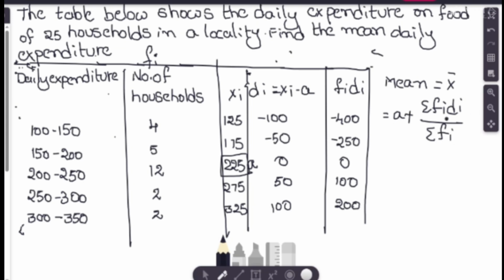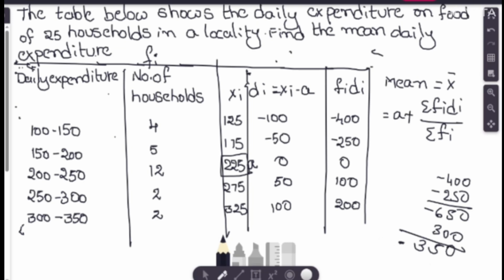This is the formula. A means assumed mean. Sigma fi di, how will we get it? By adding this. But here two minus values are there. First you add those, minus 400 minus 250, that is minus 650. Both have the same symbol, so add. Now 100 plus 200 is 300. Subtract from this one, 650 minus 300 is 350. The big number has the minus symbol, that's why you get a minus symbol.